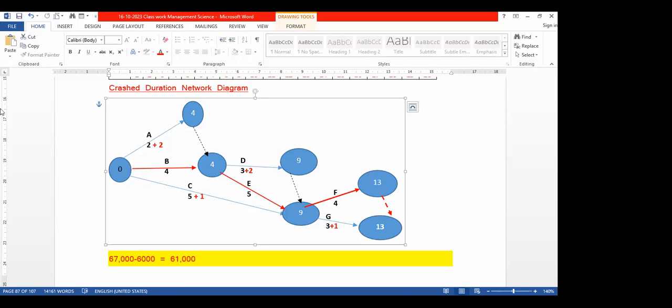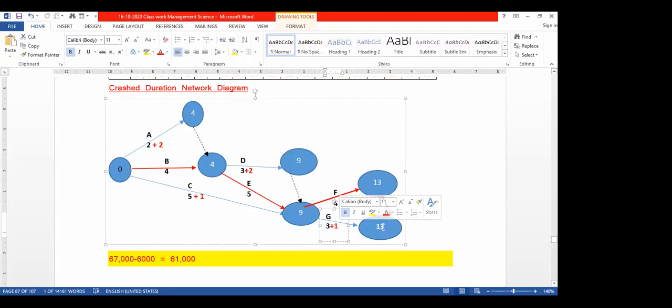Because if you add that, what will happen? That will increase the project duration to 14 days. Then it violates the minimum duration crashing principle. So therefore, whatever adjustments and activities we can do without increasing the duration, we do. That's why we did not adjust.